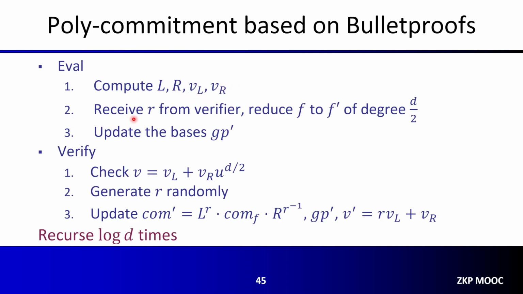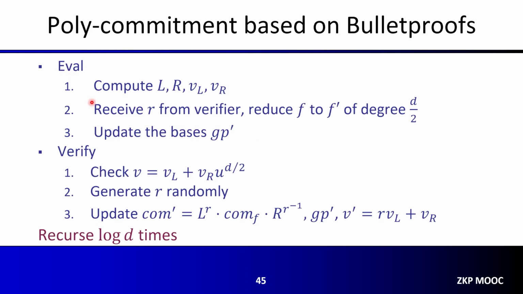Then the prover receives the randomness from the verifier and reduces polynomial f to f prime of degree only d over 2. To be precise, I'm assuming that the degree d plus 1 should be a power of 2. So after reduction, the degree should be d minus 1 over 2 or something like that. But this is not that important, just a corner case.